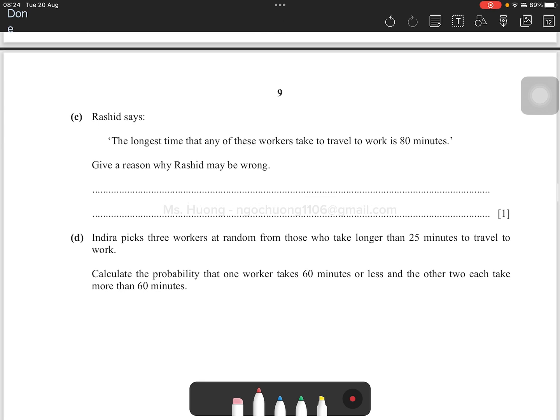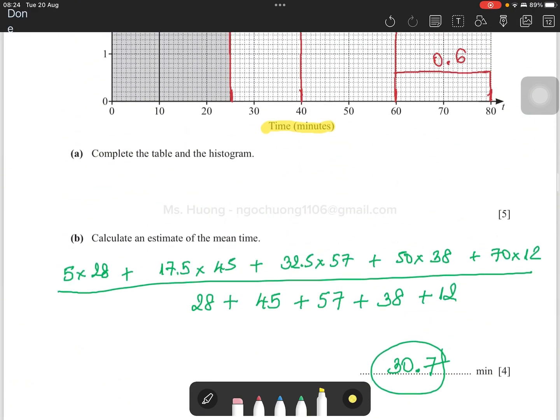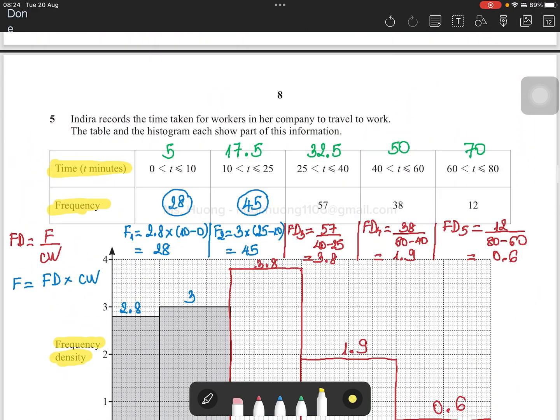Question C. Rashid says the longest time that any of these workers travel to work is 80 minutes. The longest time. Give a reason why Rashid may be wrong. So let's check the table again. 80 is the highest value, but actually we cannot be sure that is the longest time that any workers travel to work because maybe the maximum value is only 78, 75, or 79.5, for example.